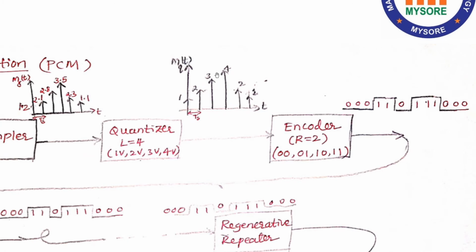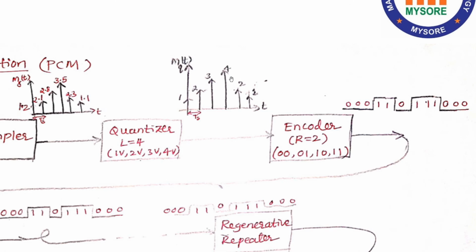Now each of these voltage levels can be encoded using an encoder. Since we have only 4 voltage levels, using 2 bits we can encode 1 voltage level. That's why we have chosen R, or sometimes small n, equal to 2. So 1 volt is represented by 2 bits, 0 0. 2 volt we can represent by 0 1. 3 volt by 1 0.